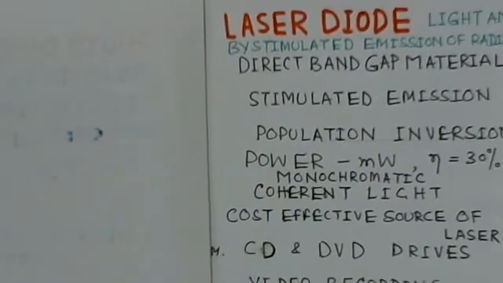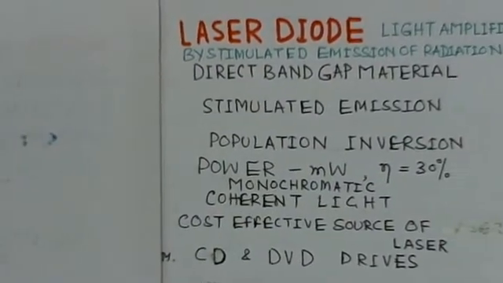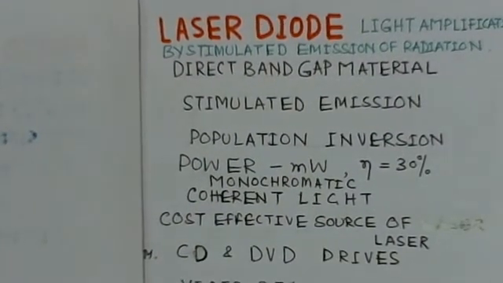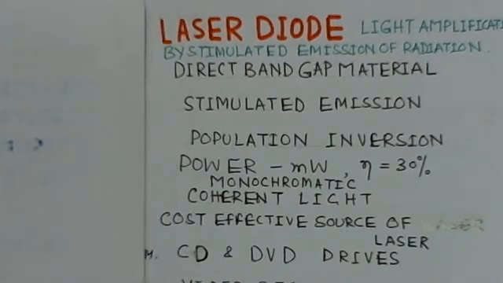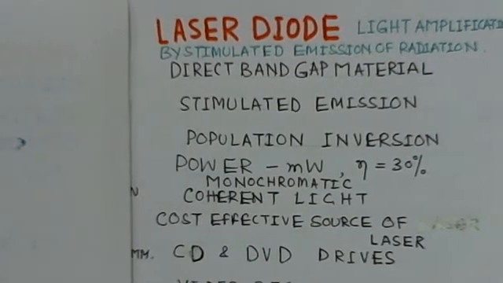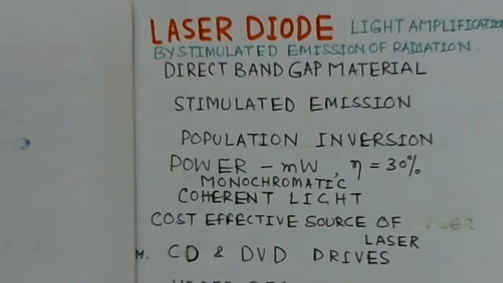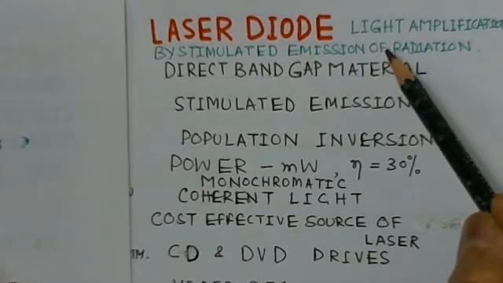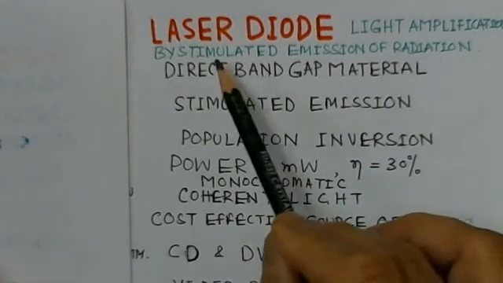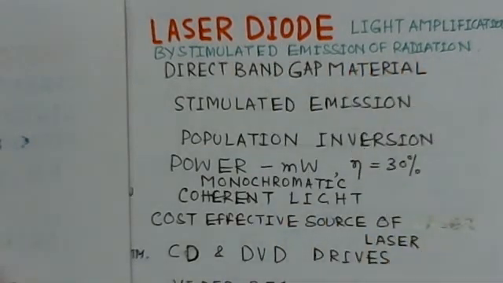The other diode in this category is the laser diode. Basically, the name laser is an acronym, and the full name is derived from light amplification by stimulated emission of radiation.